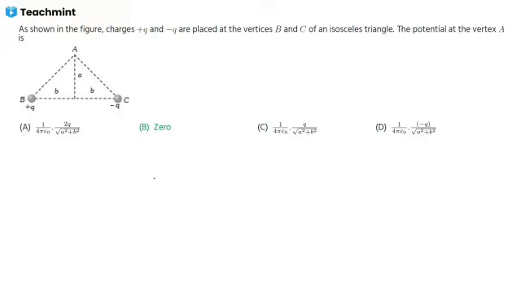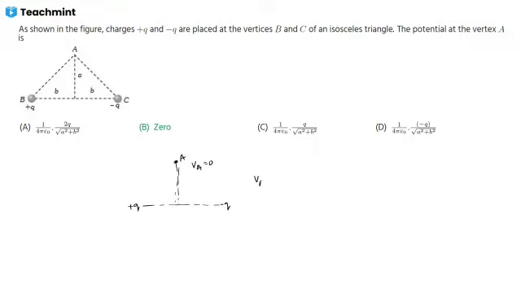As shown in the figure, charges plus q and minus q are placed at the vertices B and C of an isosceles triangle. The potential at the vertex A is given by? Generally we know that because of a dipole, the electric potential at a point on the equatorial line is 0.